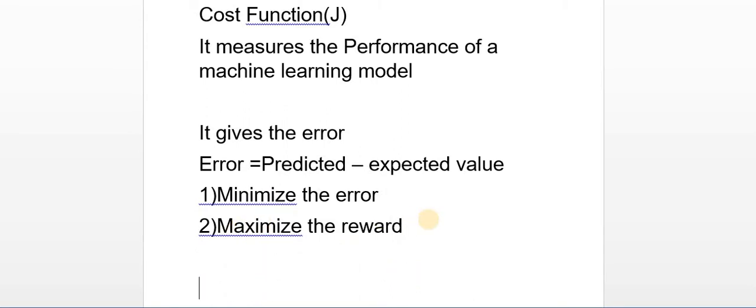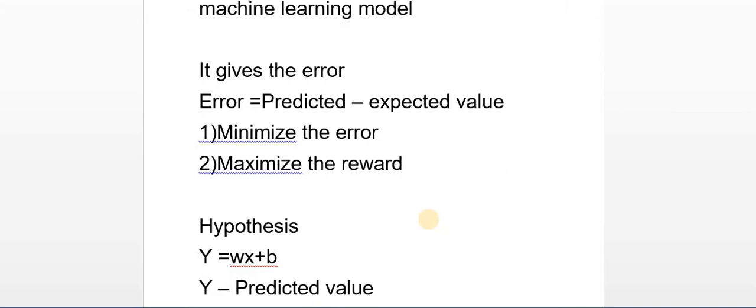Let us consider a hypothesis like this. This is a hypothesis or a machine learning model. The hypothesis is y is equal to wx plus b. In simple terms, you can understand it as the equation for a straight line, and w is the slope.